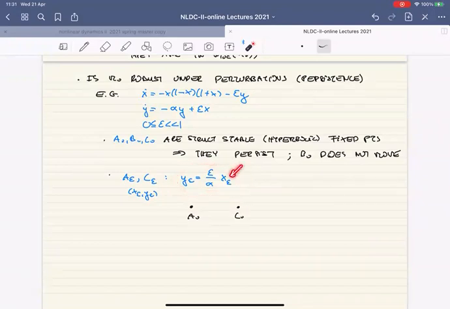So in the negative x regime, since epsilon is bigger than 0, and alpha was assumed to be non-negative, this is negative, this is positive. So y epsilon is moving down. It's a negative number, so the equilibrium will be moving downwards.